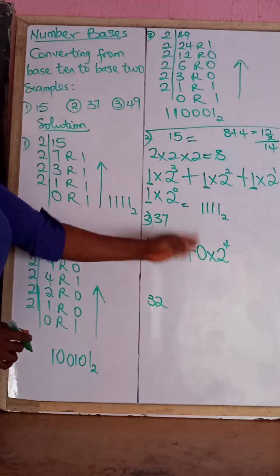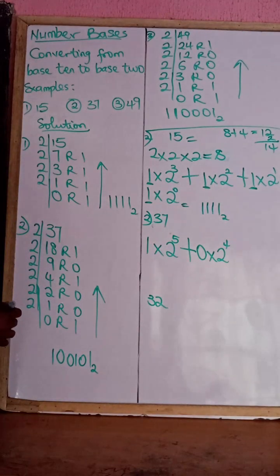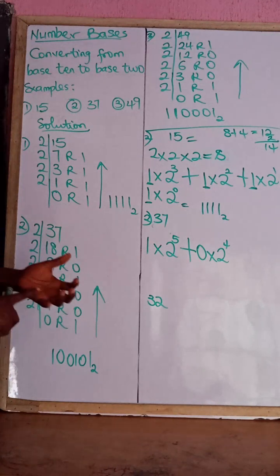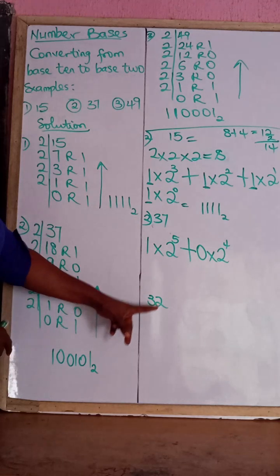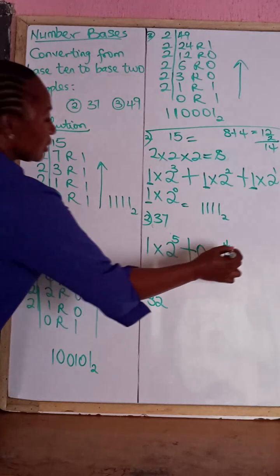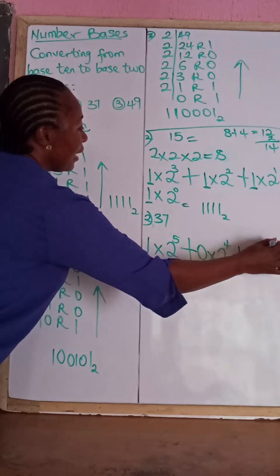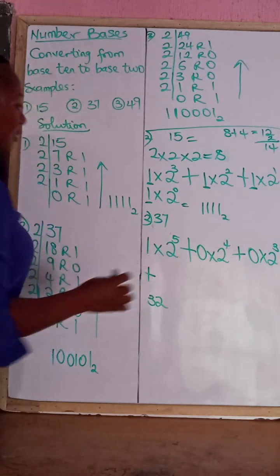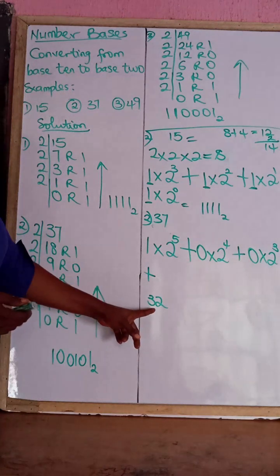So like I said, you must represent those powers in their descending order. Now, the next power of 2 after 16 is 8, which is 2 raised to power 3. If we add 8 to 32, it will still be bigger than 37. So it simply means we still have a 0 group of 2 raised to power 3. Now, what if we add 4? 32 plus 4 will give us 36.